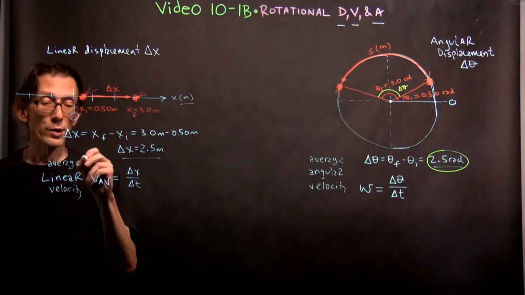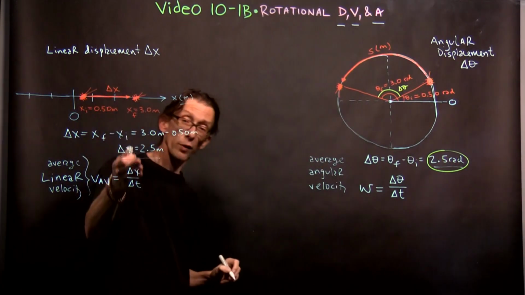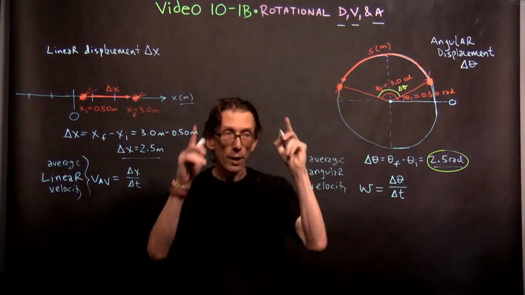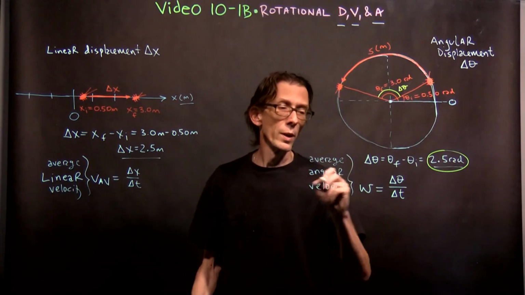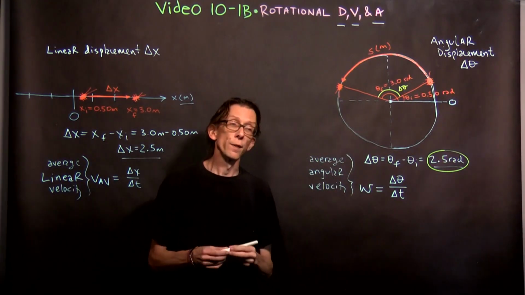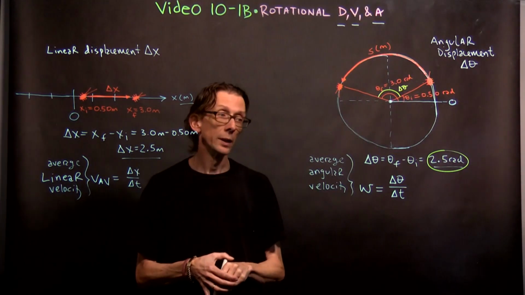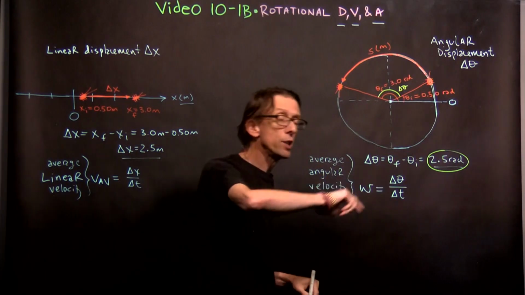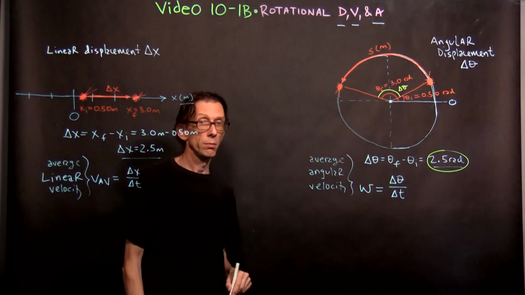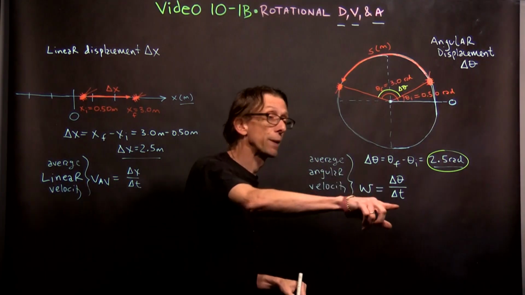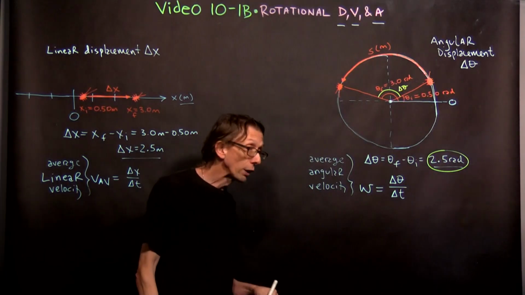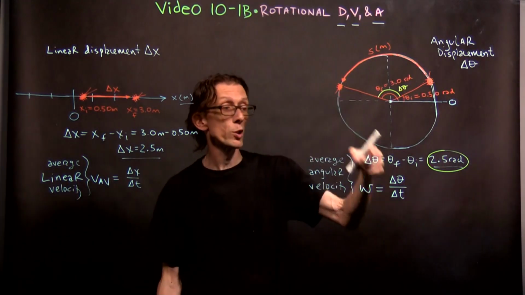So average linear velocity, v average, delta x over delta t, been there, done that. A new thing is happening. We now have average angular velocity, which we indicate with the letter omega. It is the change in angular position, that is the angular displacement, divided by time. How quickly did the bug get there? If he went very quickly, this would be a large number.